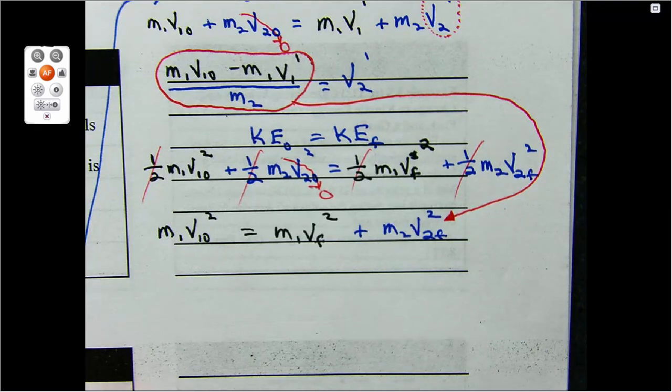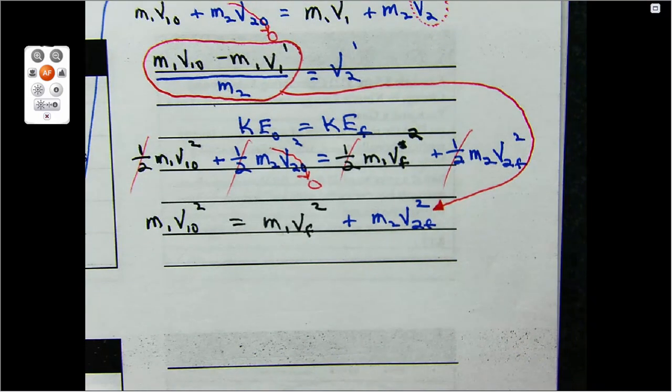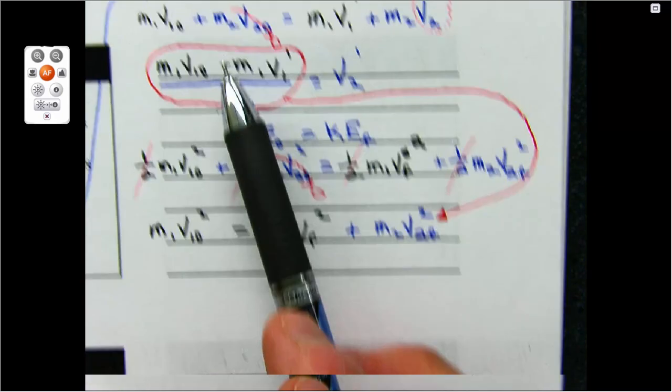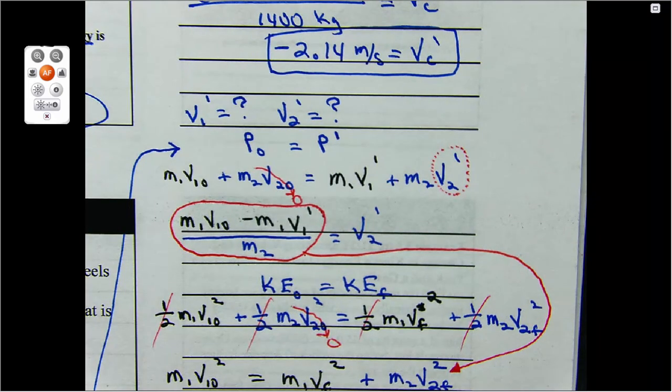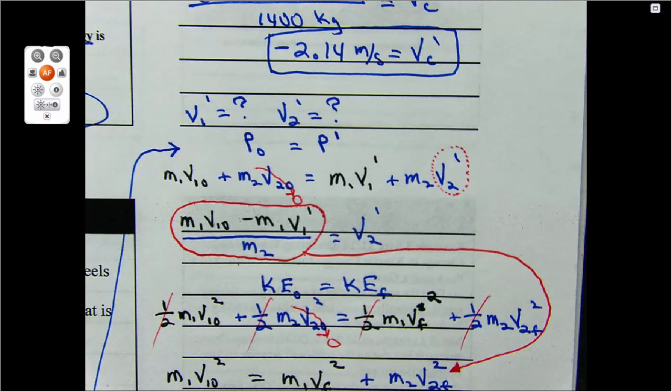All right, let's see if we can figure this out. We need to find V2 final and V1 final, both.